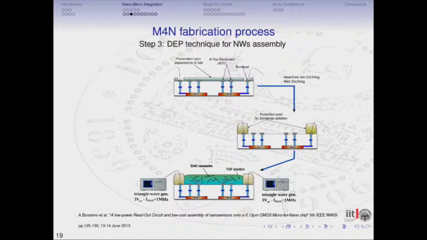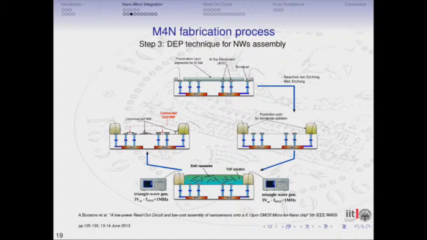For example, using a signal generator that is able to generate a triangle wave signal of 3 volt peak to peak with a frequency of about 1 megahertz. Then some nanowires are connected to the electrodes.